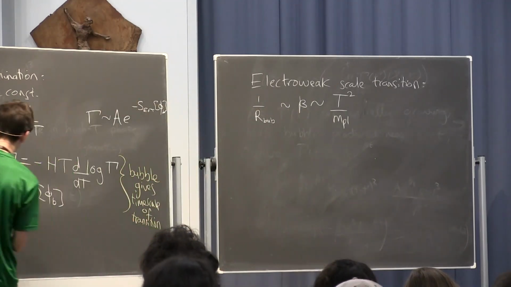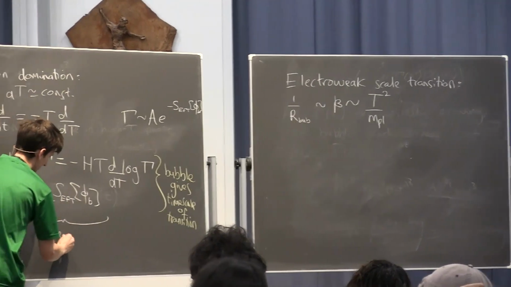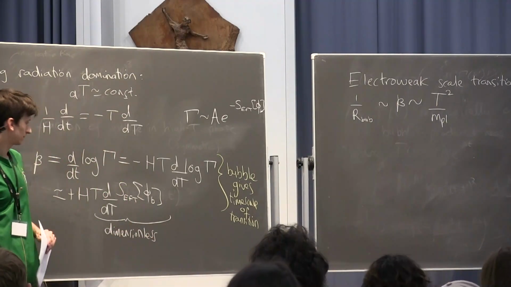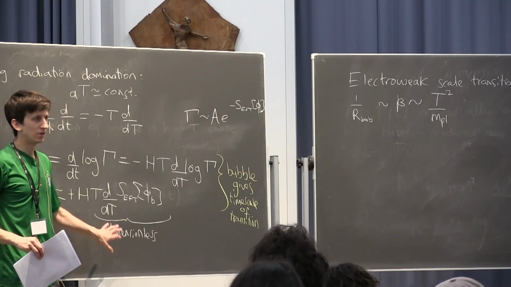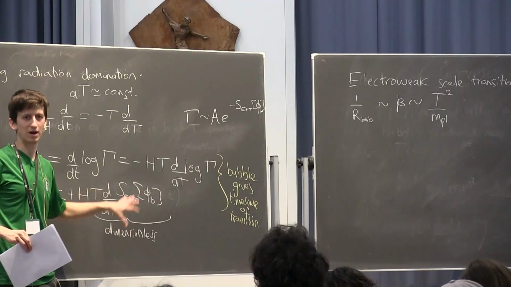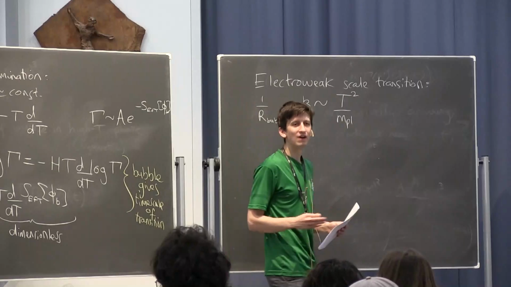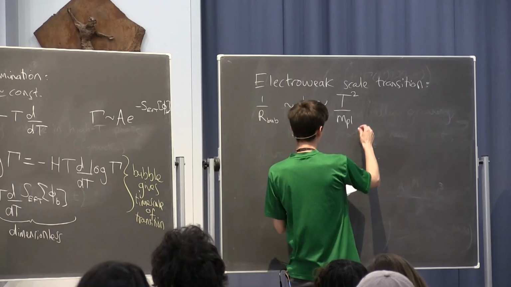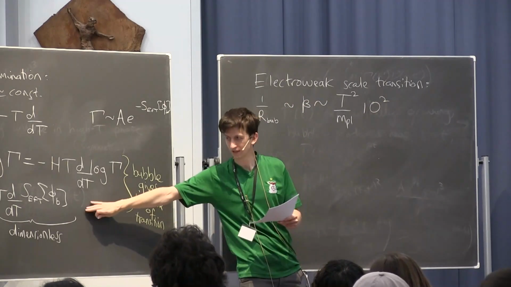This quantity here is dimensionless, and it can be calculated in some model. It's a model-dependent quantity. It'll vary depending on the parameters of your model and so on. But a typical value for this dimensionless quantity is 100. So I'm just putting in a typical value for this bit here.